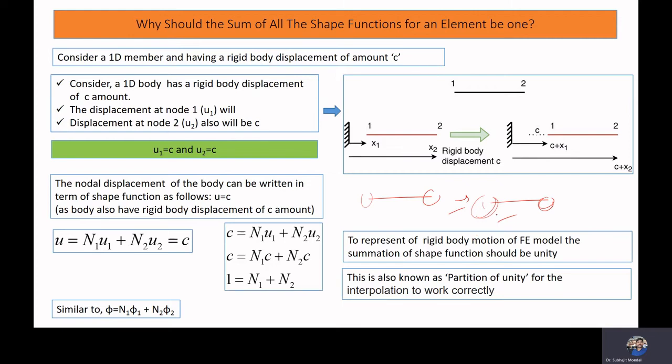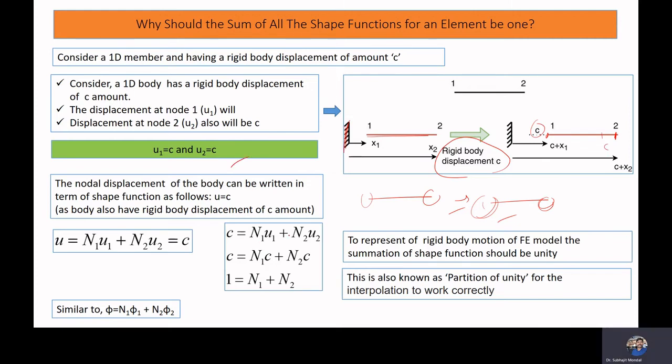So here we assume a bar. In this bar there is no boundary condition, and this is our reference point. This bar is subjected to a rigid body displacement of amount c. So our node 1 will have a displacement of c, and node 2 also will have a displacement of c.